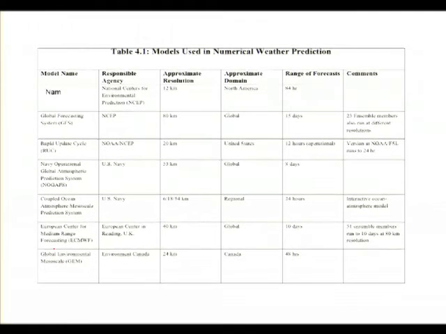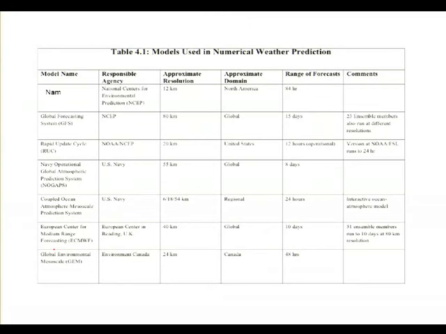So of those 3, the top 3, the best one by far, above and beyond, is the European Center for Medium Range Forecasting. And then after that, in a distant second, is your Global Forecasting System, and then close behind that is the one that Canada uses, the Global Environmental Mesoscale Model.